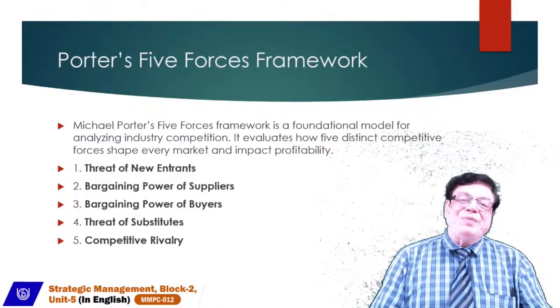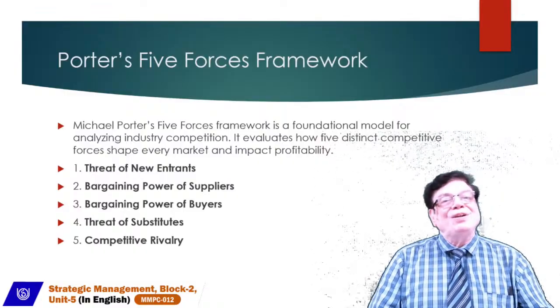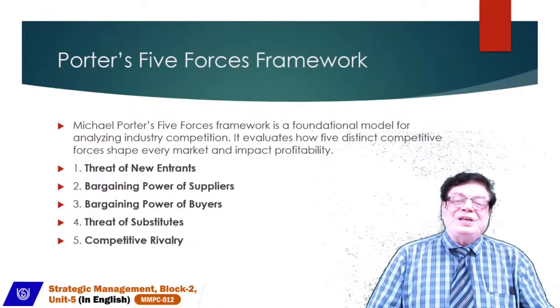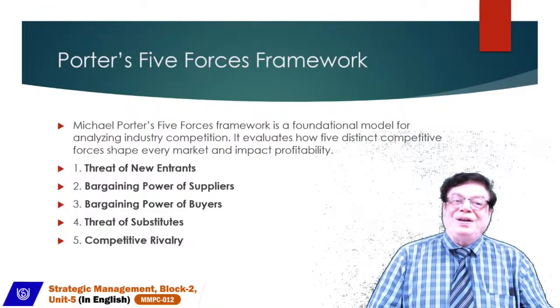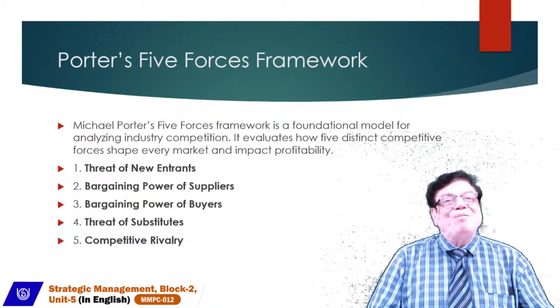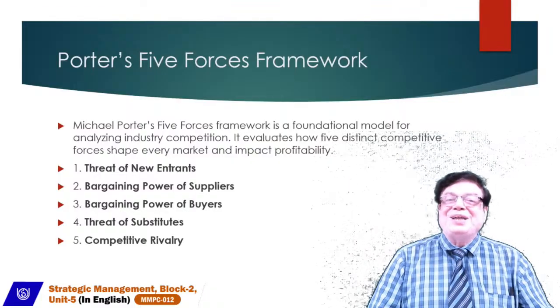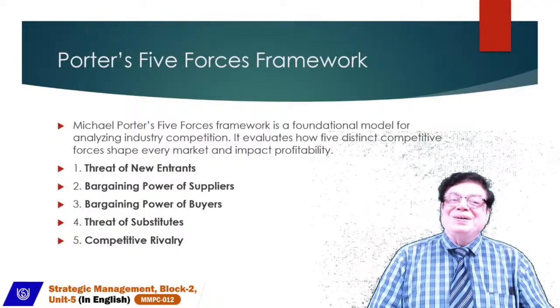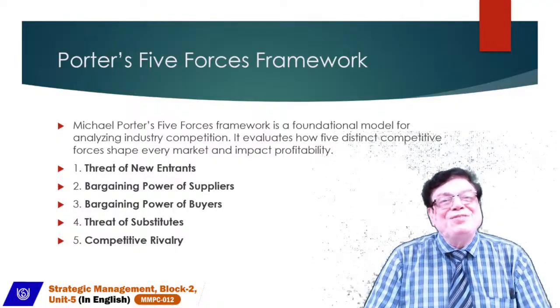Suppose you are manufacturing one particular item. Now say if we take the example of our country, any other new company or firm can start producing that particular commodity. There is no restriction from the government side.